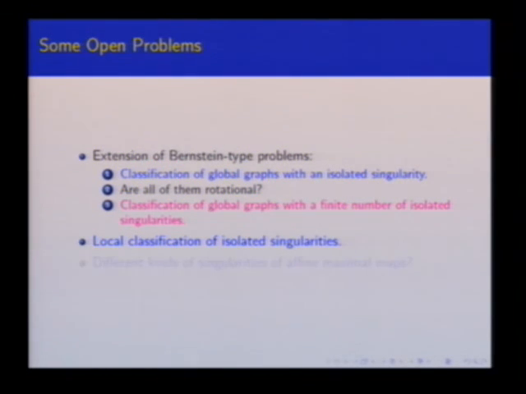We can think about whether all the examples are rotational, but I don't know. Or more generally, is it possible to classify all the global graphs which are solutions of the maximal equation with a finite number of isolated singularities?